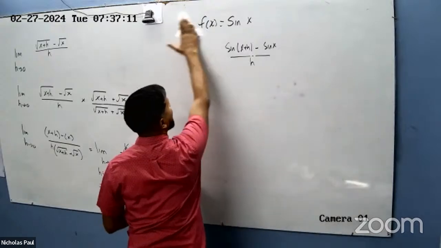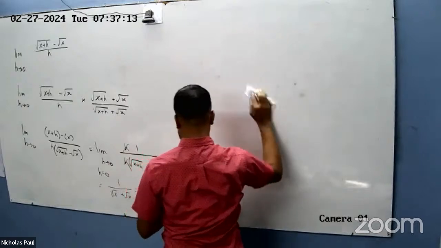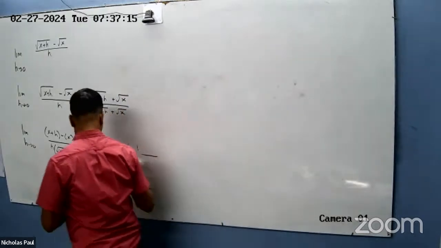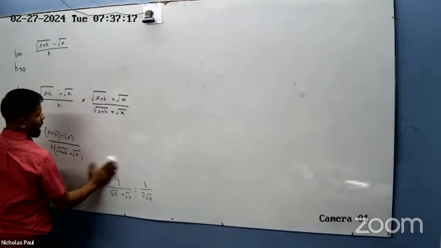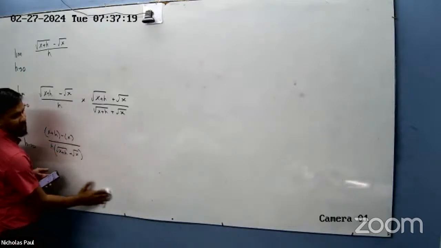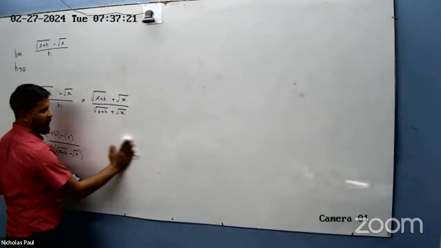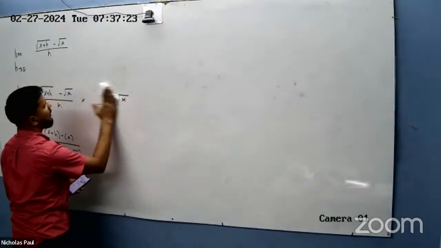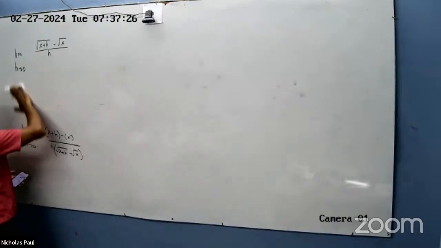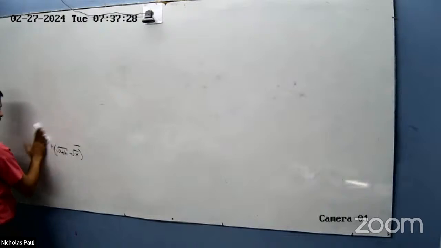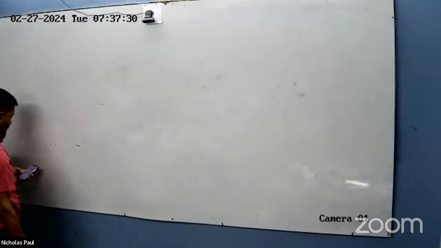Now, look back at your identity. It wouldn't be cos 2 open bracket x plus h. Try to expand it out and see.